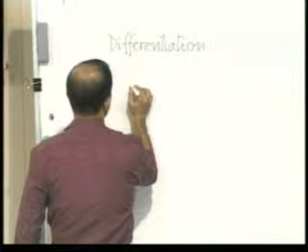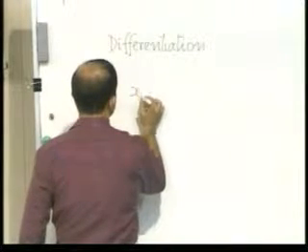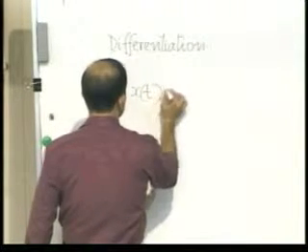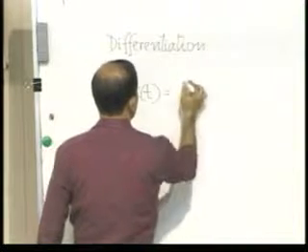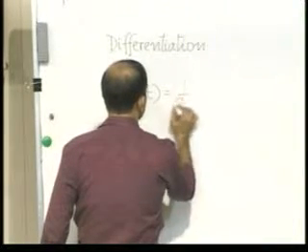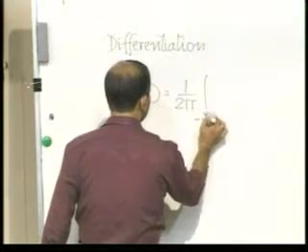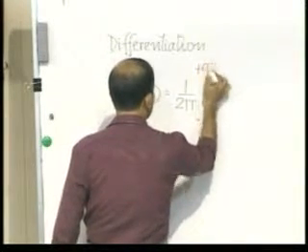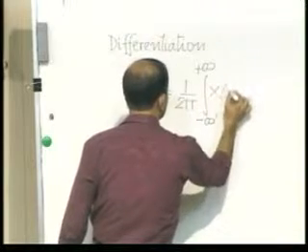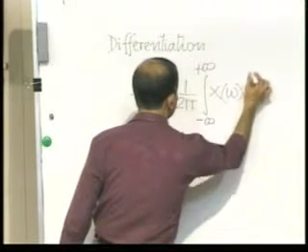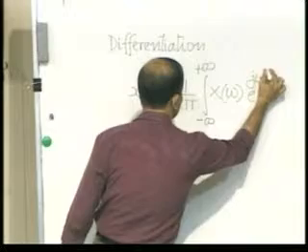So we'll write down x of t is 1 by 2 pi integral over all frequencies capital X of omega e raised to the power j omega t d omega.